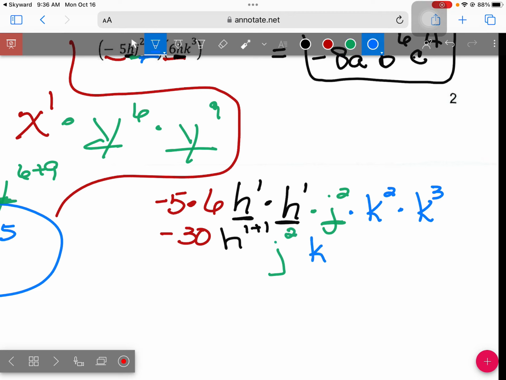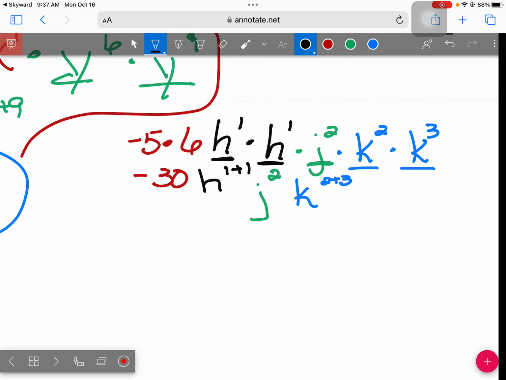And k, you keep the base. When you're multiplying powers, you keep the base, add the exponents. So my final answer is -30, h to the 2nd, j to the 2nd, and k to the 5th.